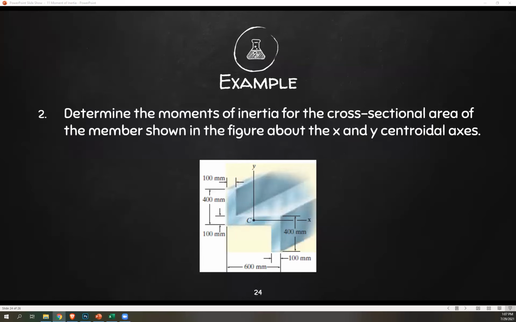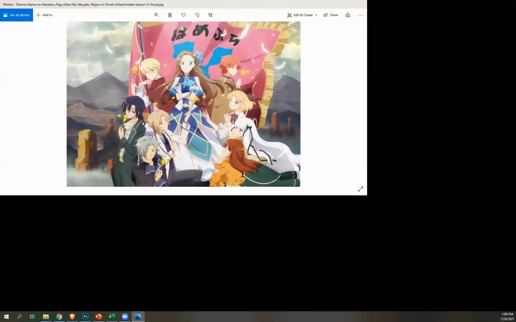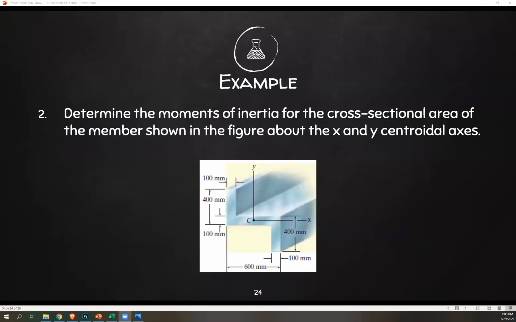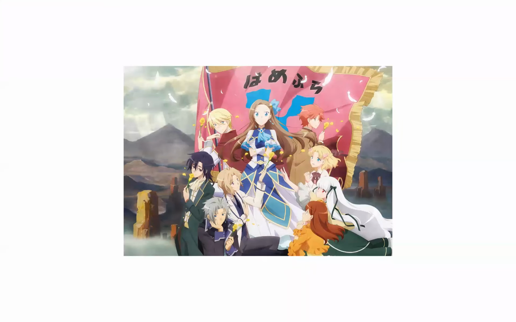Can anybody give me either the English or Japanese title? Can anybody give me the title of this anime? Nope. What's the title?